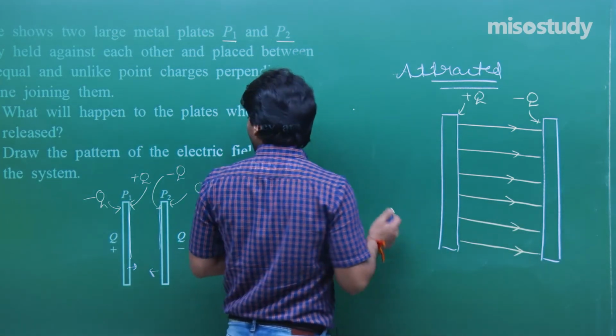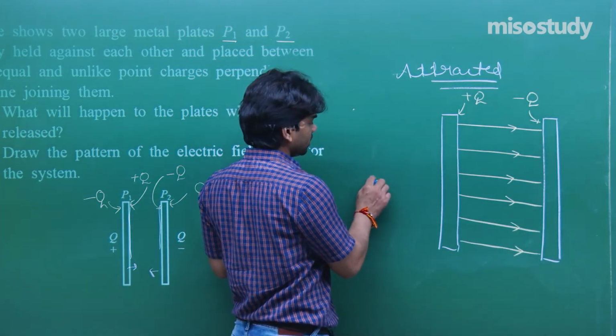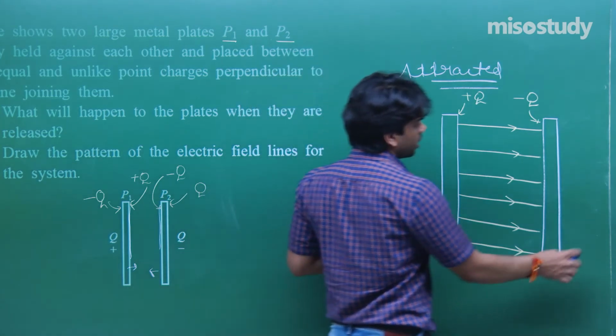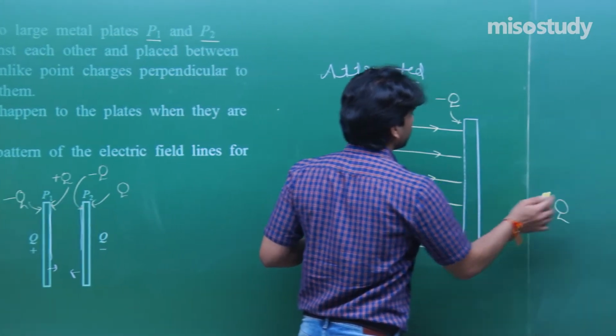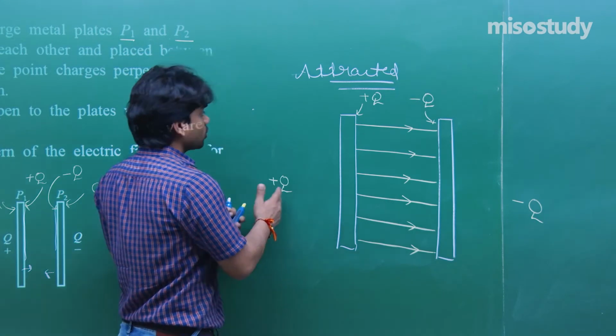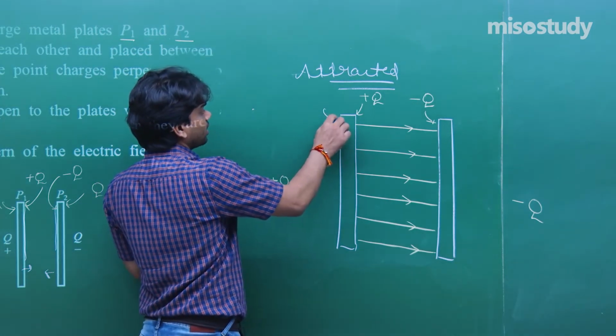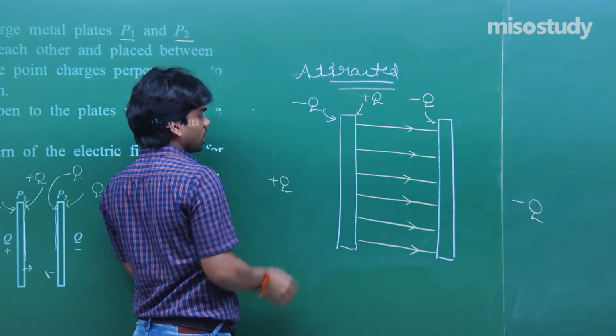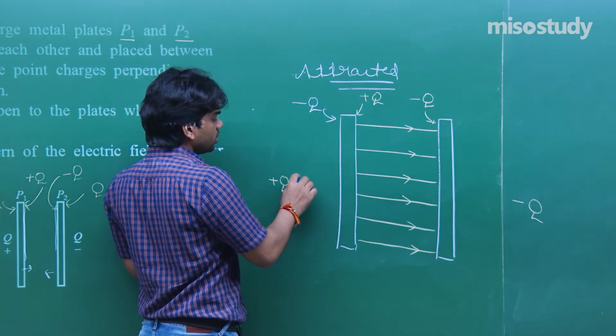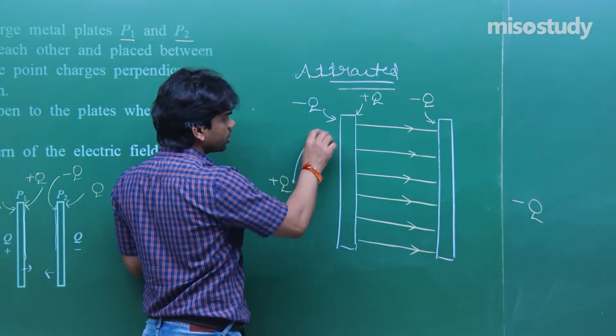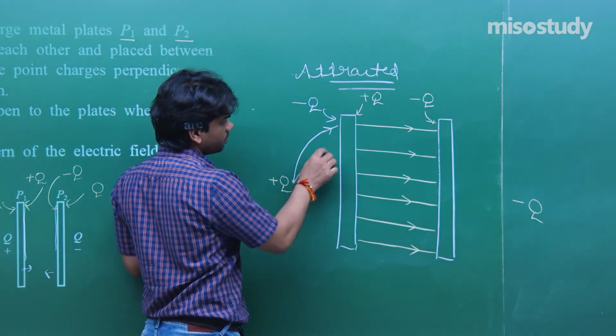Drawn. Now here I had plus q charge, it was placed here, and minus q charge was placed here. Plus q charge was here, and here we had minus q charge induced, since it's a point charge. So you have to draw very cautiously the field lines in this way.